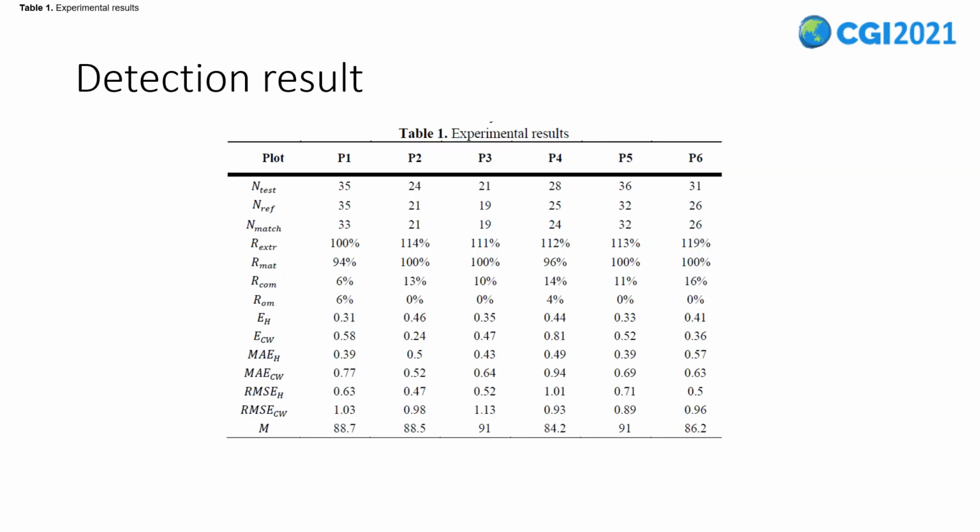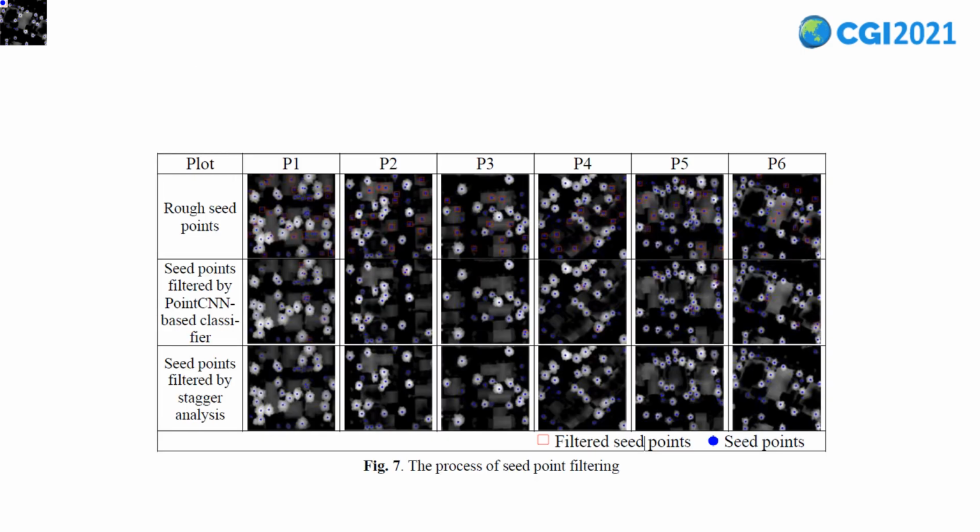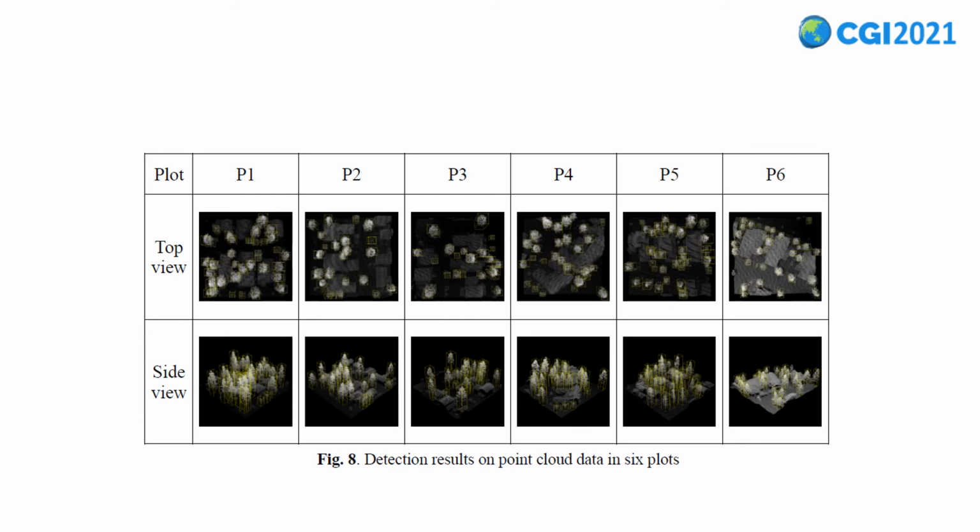Let me show our detection results. This table shows that our method can extract trees well. This slide shows the process of seed point filtering. This slide shows detection results on point cloud data in 6 plots.